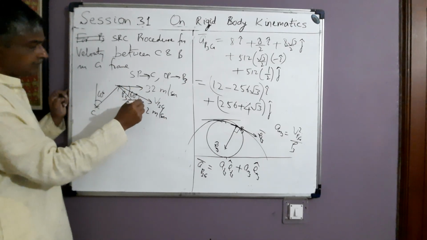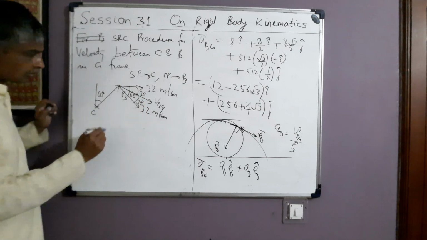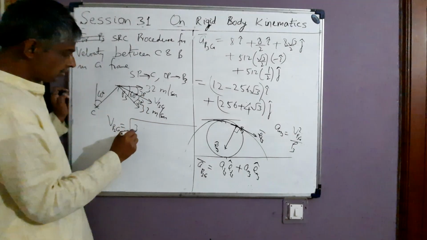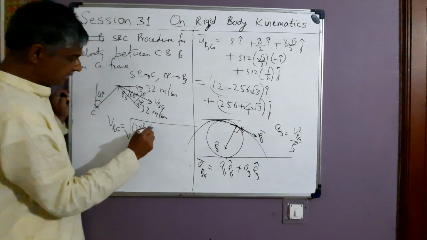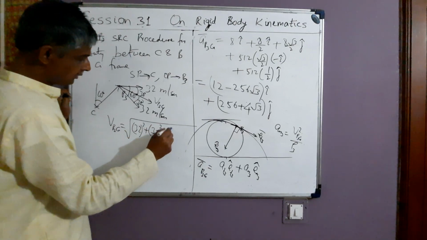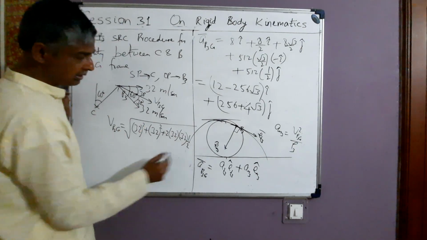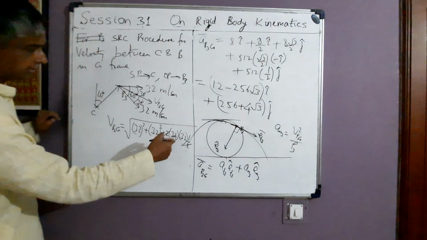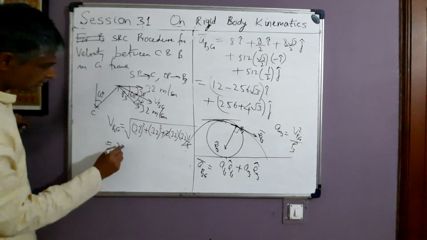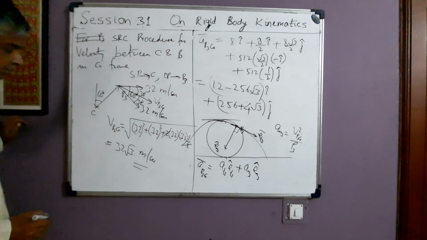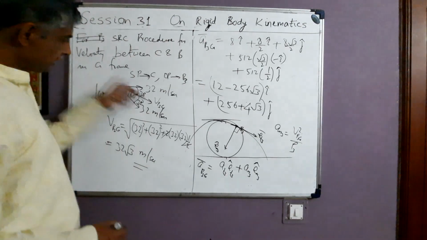So this will be 30 degree, this will also be 30 degree. Now VP3G will be root of 32 square plus 32 square plus 2 into 32 into 32 into cos 60 degree, that is simply half. Half goes away, 32 becomes common. 32 root 3 meter per second. This becomes VP3G at an angle of 30 degree.